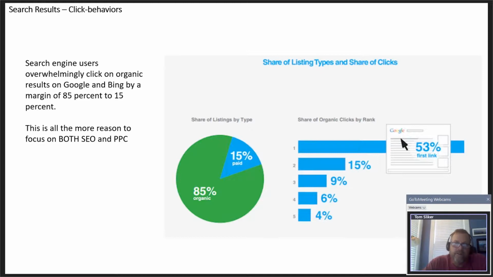Of the organic searches, most people are clicking on that very first organic result: 53%. But today we're going to focus on the 15%, which is the paid ads, which is still a lot of people searching. Again, your chances of being clicked on go up if you are extremely targeted and your ads match specifically what this person is looking for.